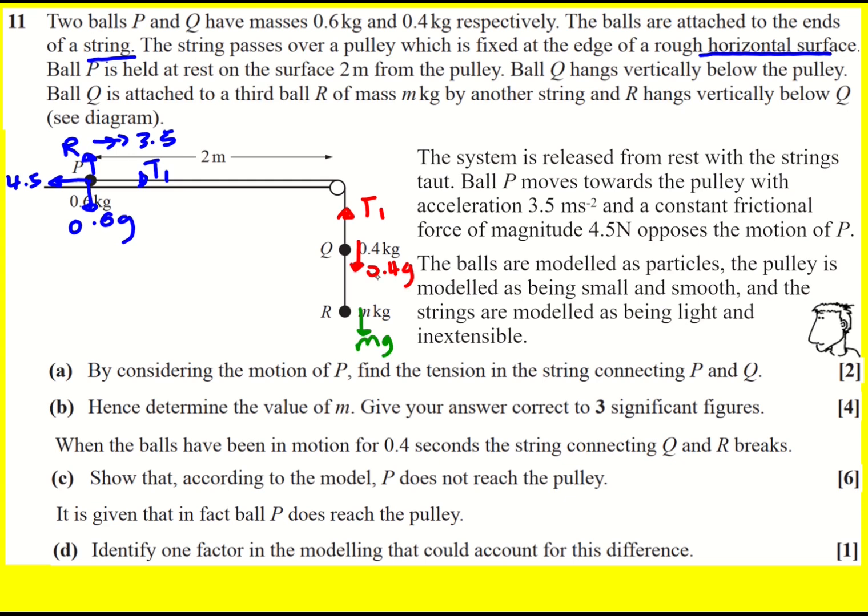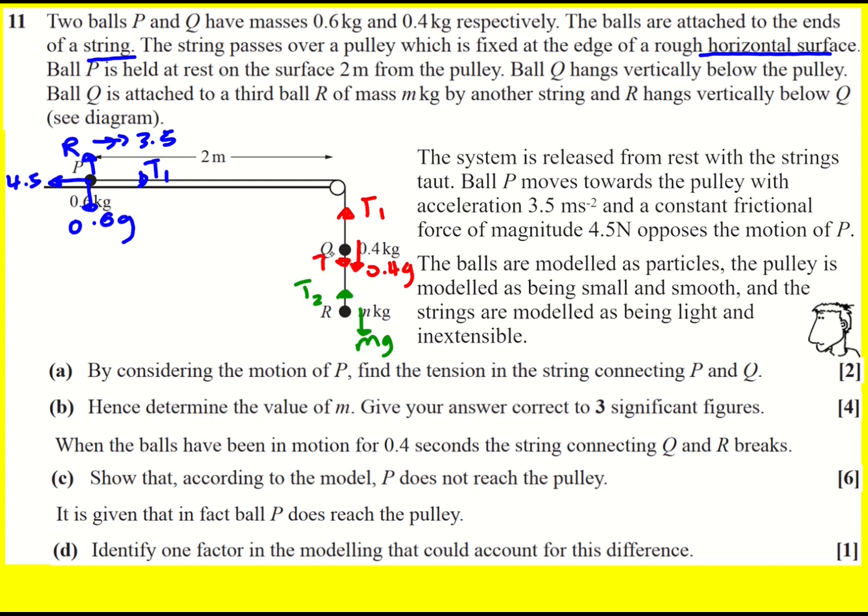And then I've got these forces on Q in red, but actually there's going to be another one because there's something that's holding R from just falling under free fall. That's going to be a second tension, and we can't say it's necessarily the same, so I'm going to call it T2. And then it's this that Q experiences itself acting down. It doesn't quite know what's underneath it. You can't just say that it's mg acting on it.